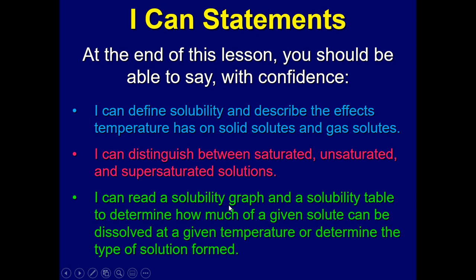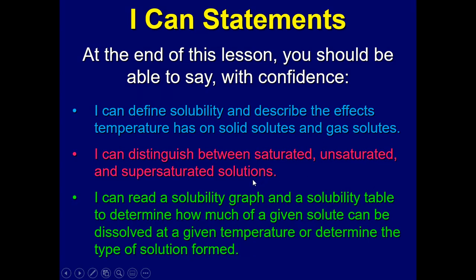On a solubility graph, the amount given is the saturated amount, how much can be dissolved. Same thing with a solubility table. The amount stated in the table is the saturated amount, how much can be dissolved at that given temperature. If the amount is under the line on a graph, it's unsaturated.